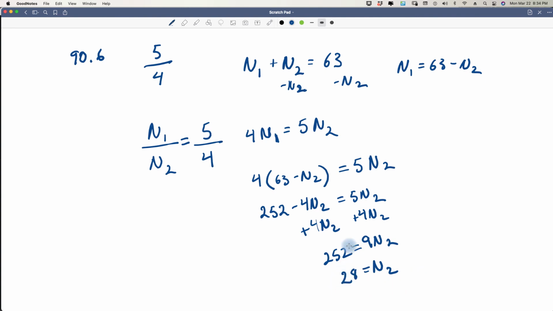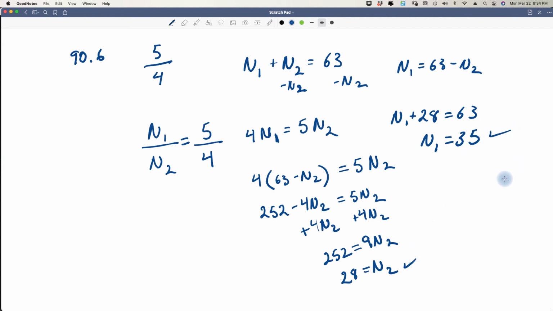So now we just sub n2 into our original value problem. n1 plus 28 equals 63. And then we're just going to subtract 28 from 63. So we know n1 equals 35. Now we have n1 and we have 35.